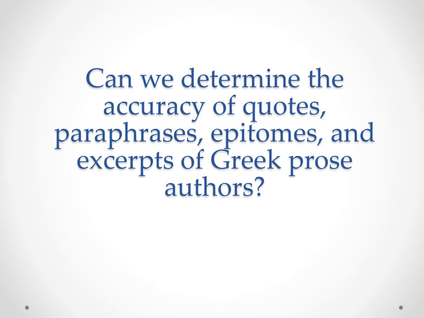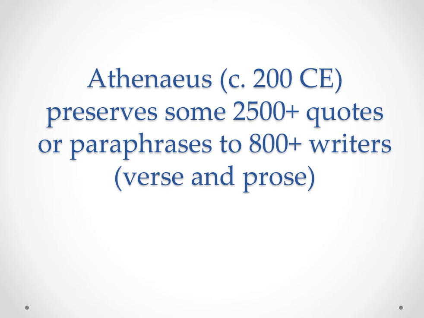Now, we focused in particular on one transmitter of these fragments, one author, and that's the very well-known Athenaeus, who wrote a very lengthy work around 200 of the current era, in which he preserves, as it says on your slide, a large number of quotations, paraphrases, etc., from a large number of authors.